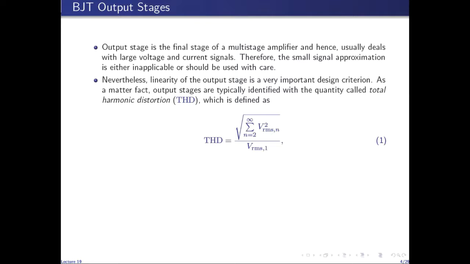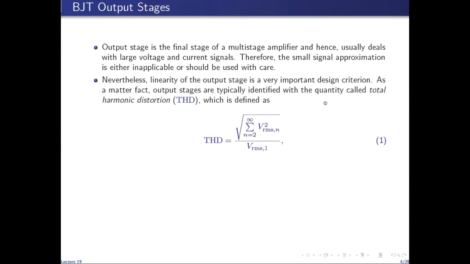The other components are called harmonics. If we take the harmonics out, what we are left with is the fundamental sinusoidal component, which, like I said, is the intended output of the circuit. Those harmonics are the manifestations of distortion in the output.